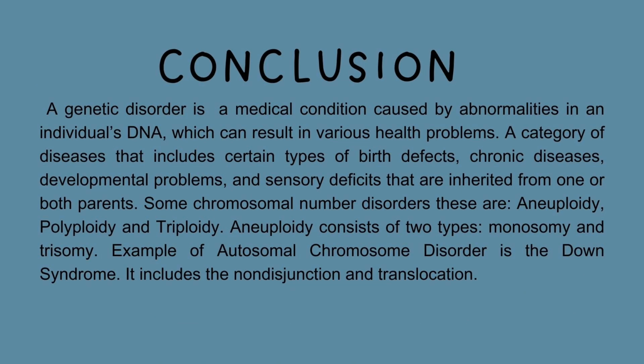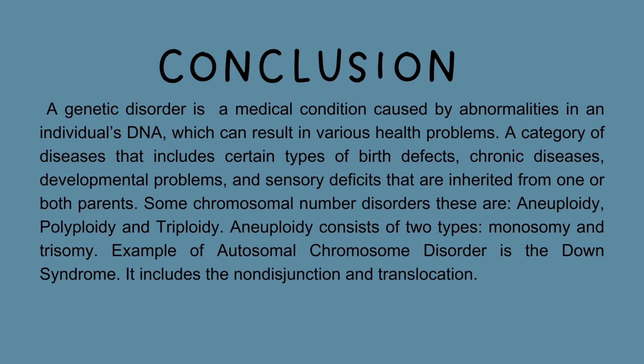So, the conclusion: a genetic disorder is a medical condition caused by abnormalities in an individual's DNA which can result in various health problems. A category of diseases that includes certain types of birth defects, chronic diseases, developmental problems, and sensory deficits that are inherited from one or both parents.